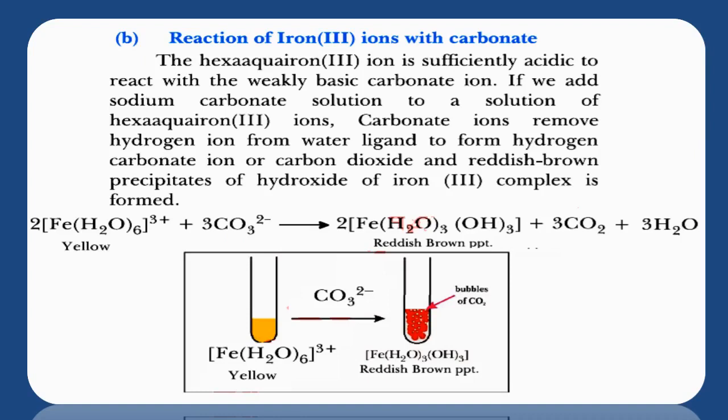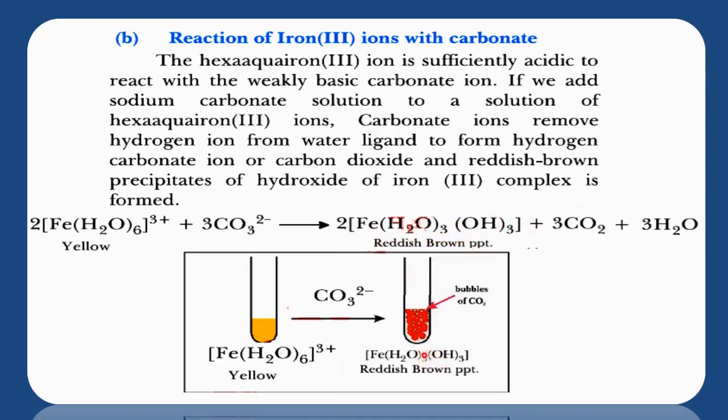And this weak base is going to take out protons or hydrogen atoms from water. 3 carbonate ions are going to remove 3 hydrogens from 3 water molecules which are present as ligands in this complex, and give us a neutral complex, which is triaquo trihydroxo iron 3 complex, which is reddish brown in color, and these precipitates are going to settle at the bottom.